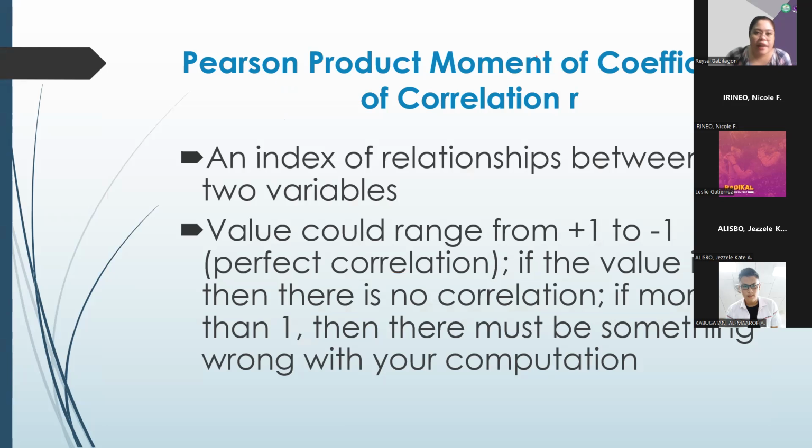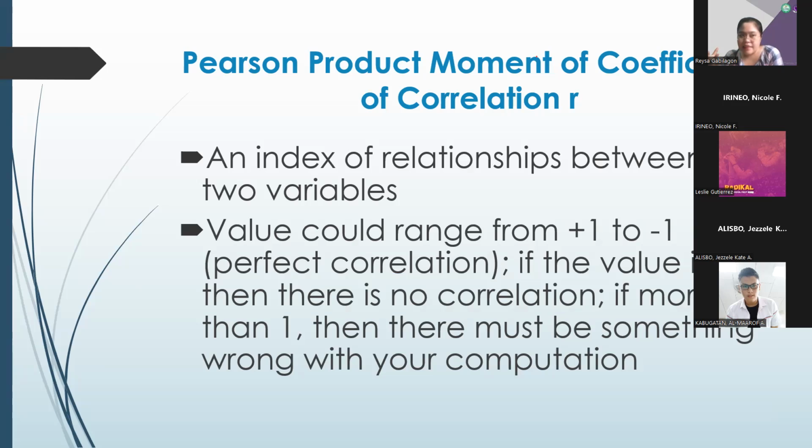Okay? So again, our Pearson product moment of coefficient of correlation R measures both strength and direction among two variables. And then, summarize natin, the values should be between positive 1 to negative 1. Both positive and negative 1 are described as having perfect relationship or perfect correlation.